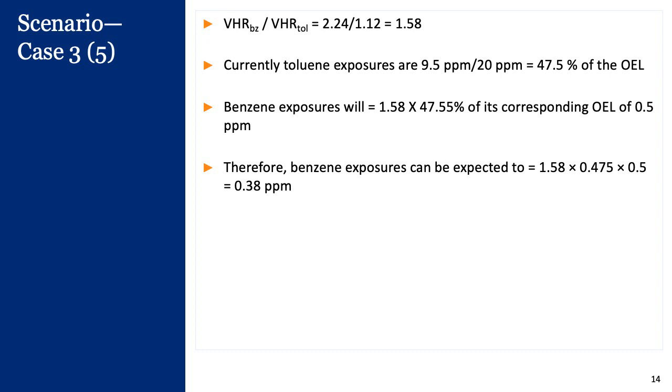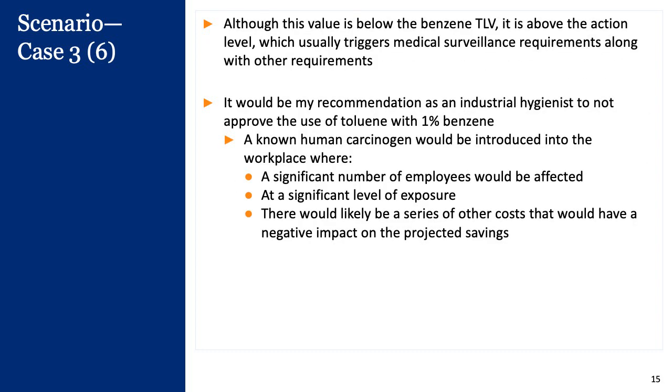So you get an expected benzene exposure 95th percentile of 0.38 parts per million. This value is below the benzene threshold limit value, but it is above the action limit, which usually triggers medical surveillance requirements.